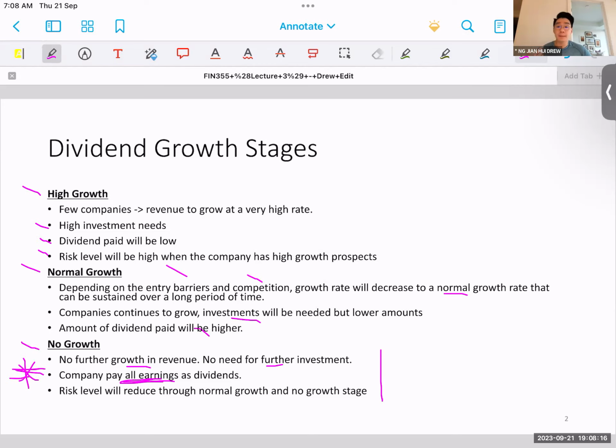That means the payout ratio is 100%, so there's zero retention ratio because everything is paid out. Because it's a very stable company, the risk level is usually quite low. We'll look at one question later in the slides where they just say it's a no growth company, and you need to know that all earnings are paid out as dividends.